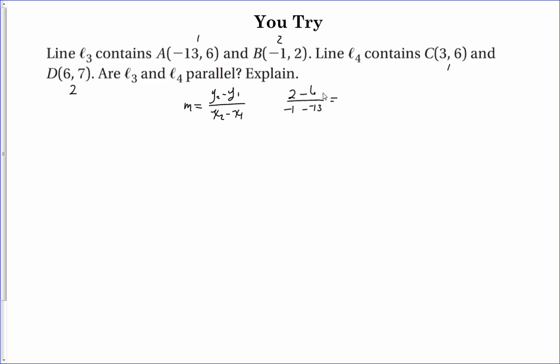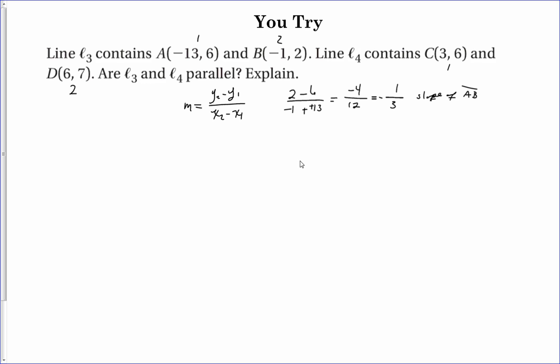So 2 minus 6 is negative 4, over negative 1 plus 13, which is positive 12. Pull a 4 out of the top, you get a 1. Pull a 4 out of the bottom, you get a 3. And remember, this one's negative. So this is the slope of AB.